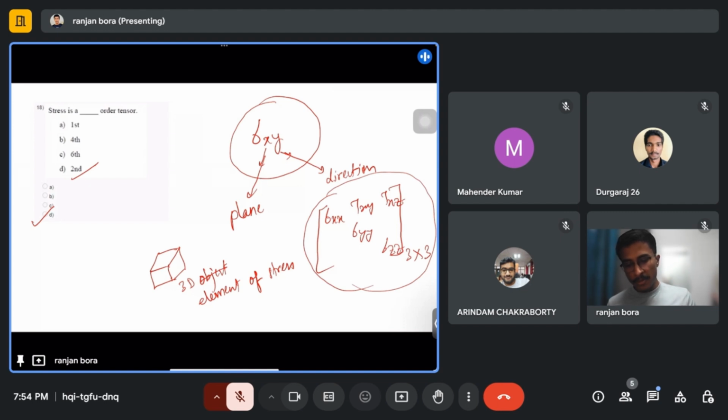as second order. How do we get to know that we need the 9 parameters to represent the stress for a 3D element? There is one formula, which represents the number of components. N represents the order of the tensor.